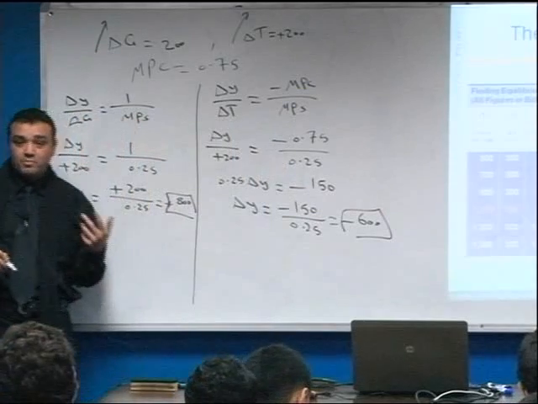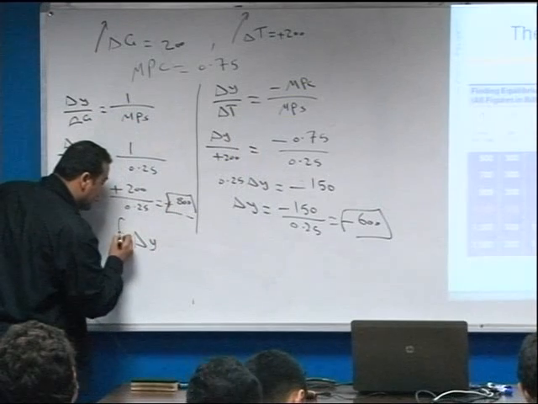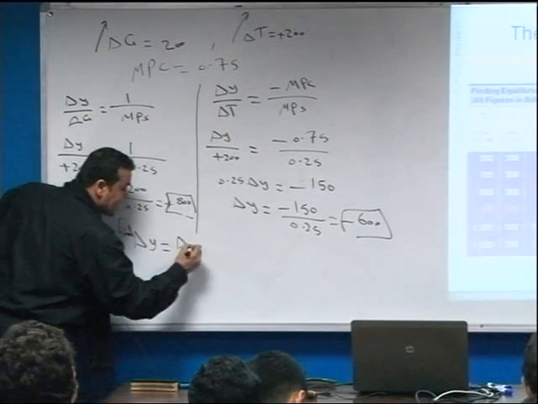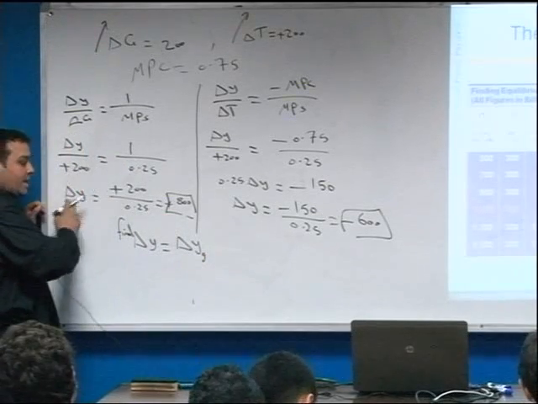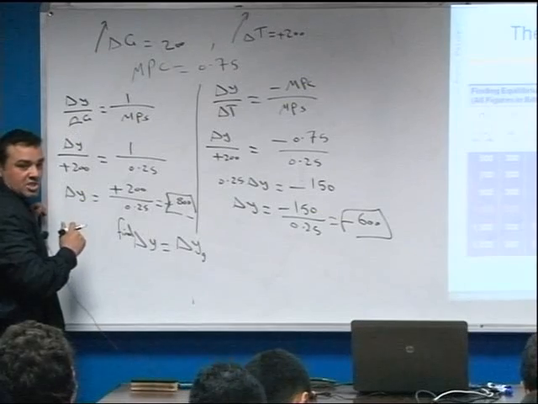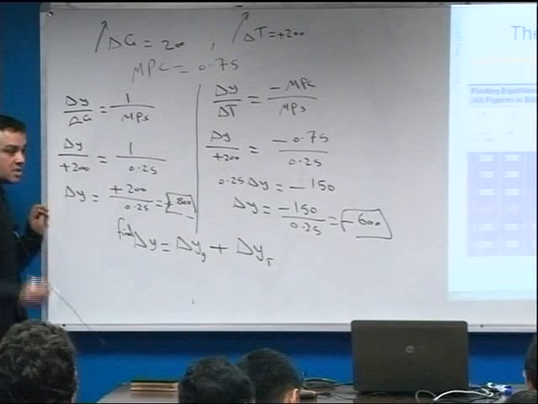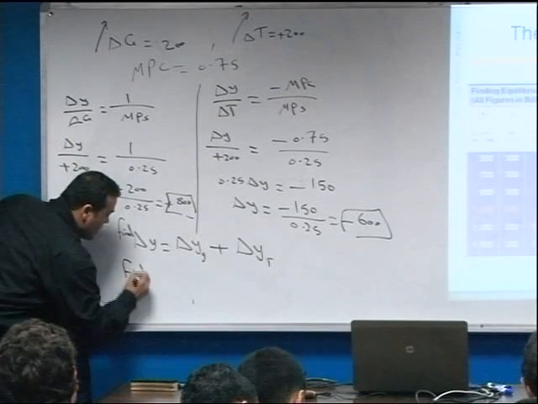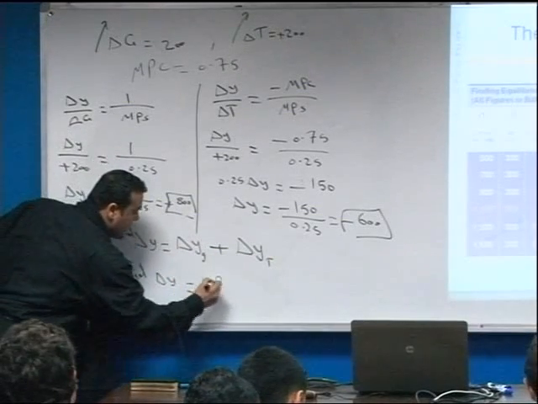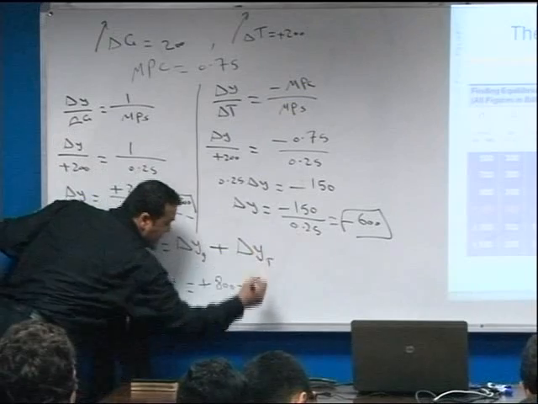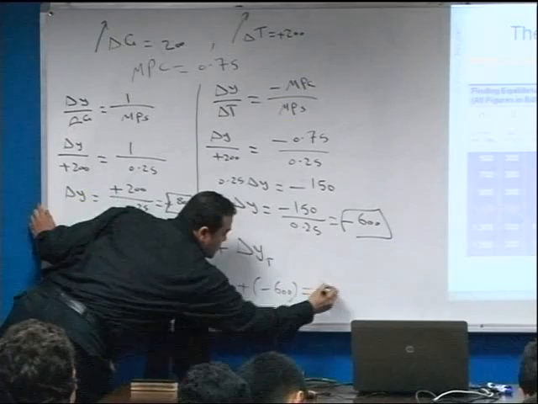So the final change in Y, the final delta Y, equals delta Y G, the change in Y as a result of the change in government spending, plus delta Y T. So the final delta Y equals delta Y G, positive 800, plus minus 600, equals positive 200.